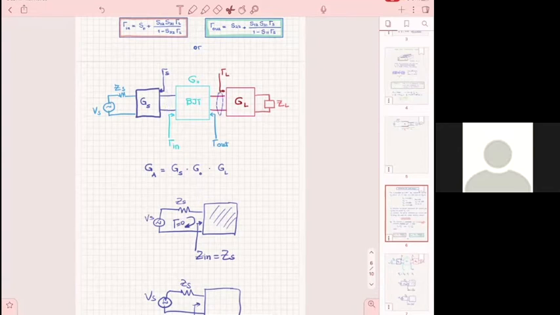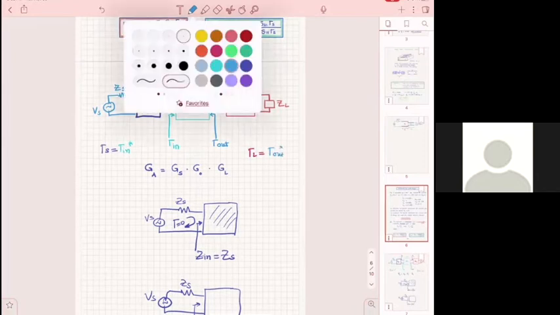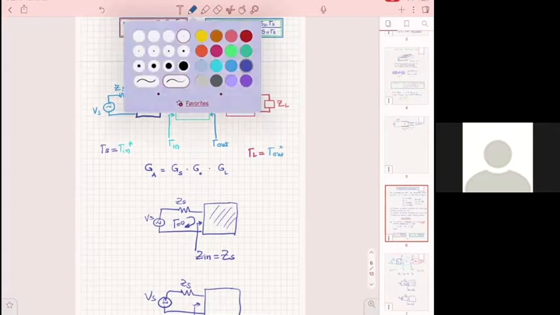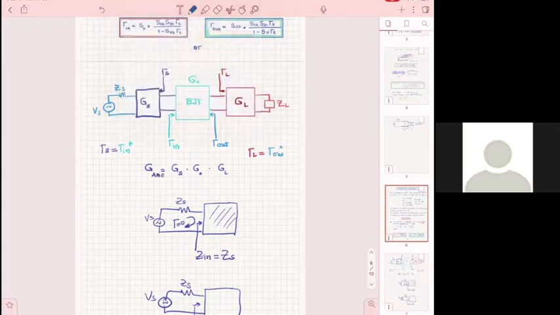And if that happens, and therefore your gamma S is the complex conjugate of your gamma in, and your gamma L is the complex conjugate of your gamma out, then the available power becomes maximum.